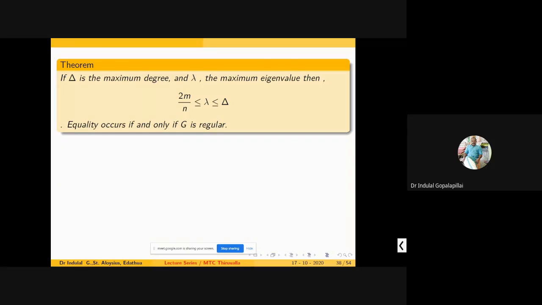This is the one. Sir, in this proof, you have taken x_i to be the largest entry, the largest component in the eigenvector.